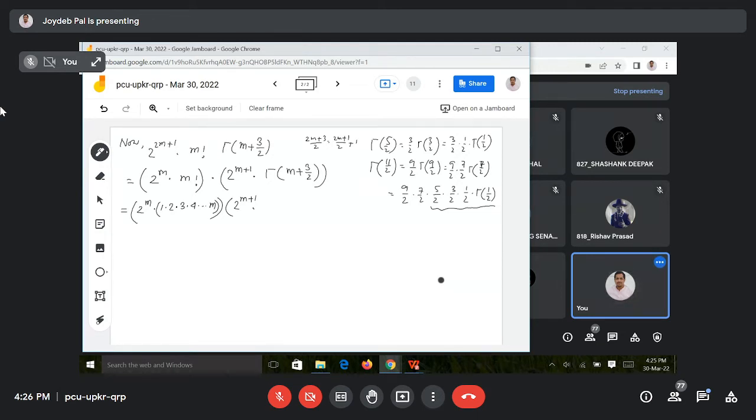So 2m plus 1 by 2, next term will be 2m minus 1 by 2, then 2m minus 3 by 2. In that way, after some certain steps you will get 5 by 2, then 3 by 2, then 1 by 2, then gamma half, right?